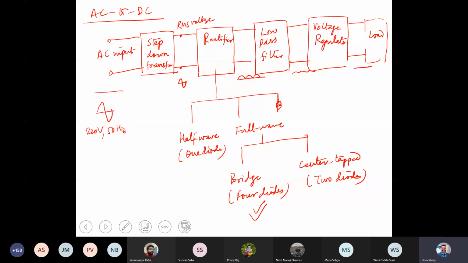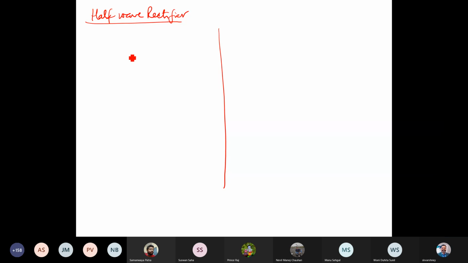Let's first explain the half wave. I'm just dividing it into these two.